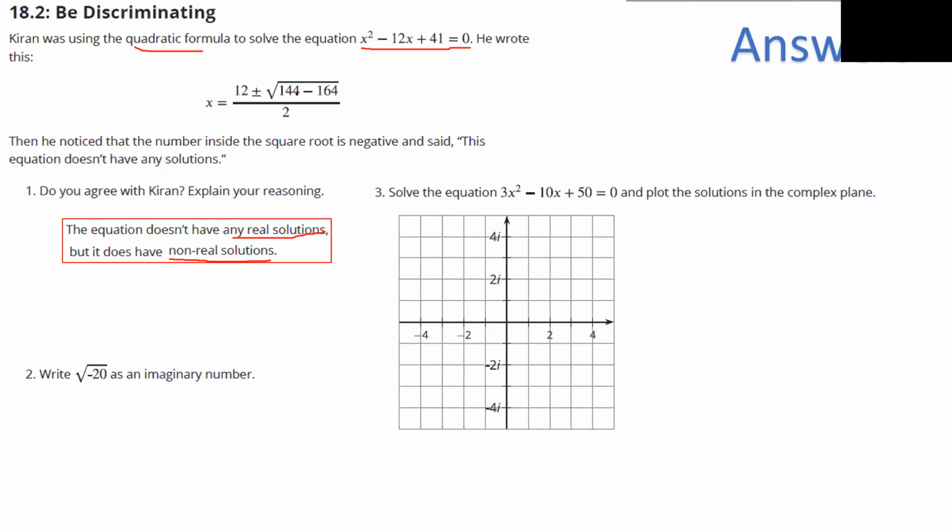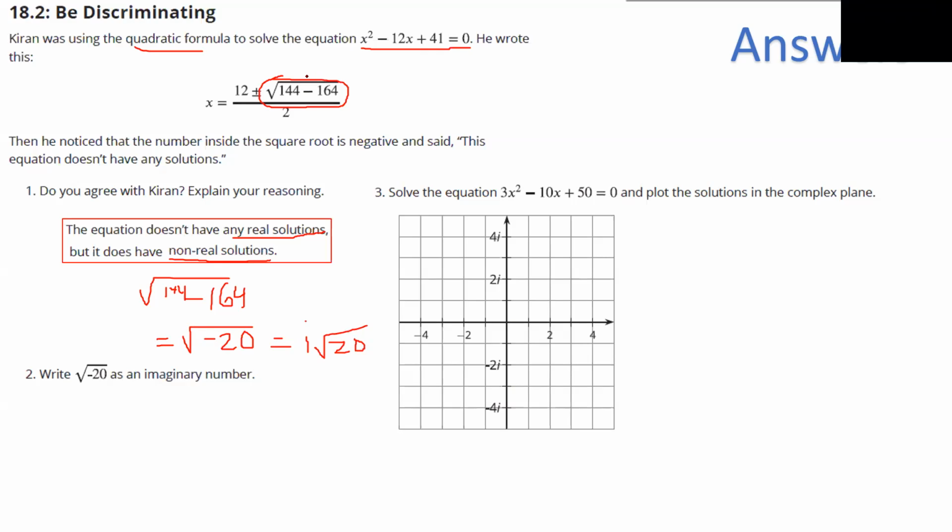So basically, when we subtract 144 minus 164, we end up getting square root of negative 20. And we have learned that when we take the square root of a negative number, we're going to get our imaginary number i, and that automatically gives it a non-real solution.